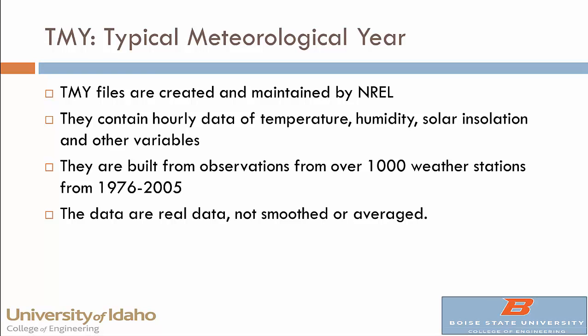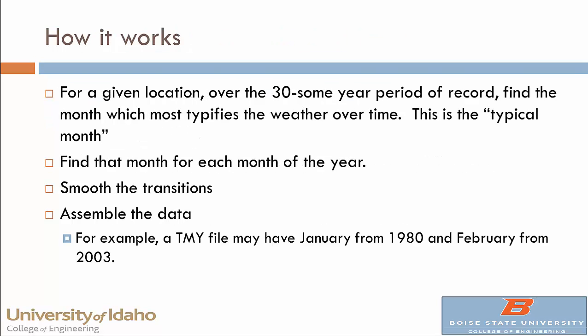And what they do is they look over a 30-year period, and they ask themselves which month of that 30-year period was most typical. What typified the weather for, what's the most normal January for Boise, for example? And they look at those 30 years and say which one was best on that.